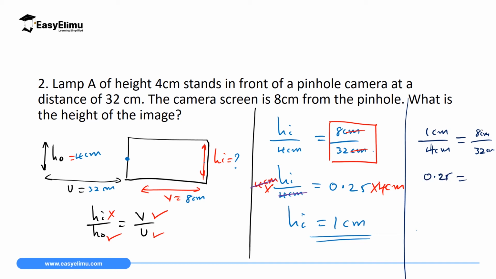Then 8 divided by 32 is the same as 0.25. So the units cancelled out like this. Then you can see the left hand side is the same as the right hand side. So the answer that we have got is true, and you can even test yourself like that.